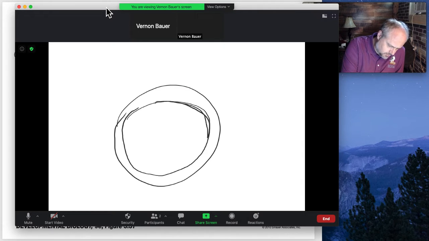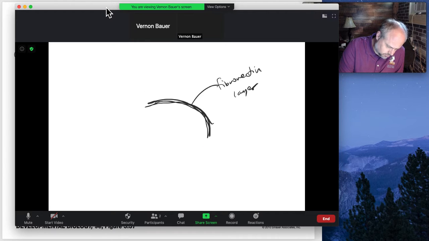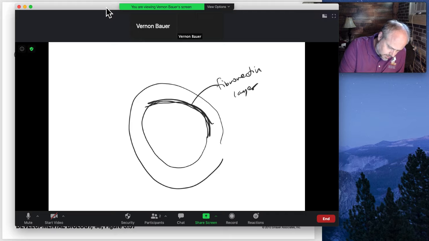What would happen is we would make a fibronectin layer, and then the cells are going to move inside and begin to crawl along that surface.